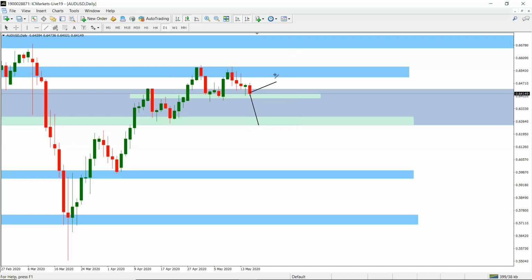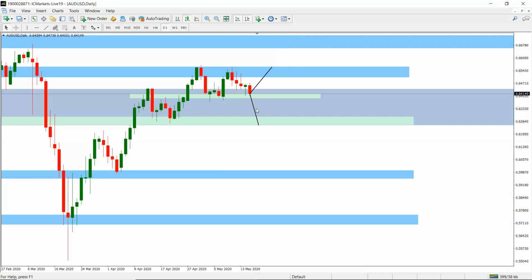Now, if price should make a push back to this point, that means, interesting, price could continue, since this is a higher low and it has not broken the higher low. That means price could get back to this point and continue with a further push to the upside, which is still a very nice push for us. We're going to find an entry and ride it to the point.